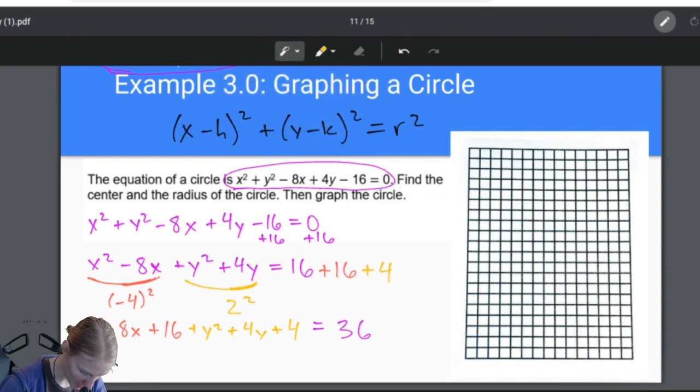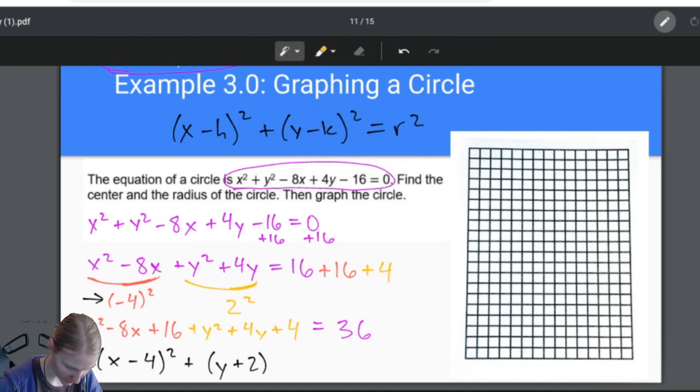So now, this is (x minus 4) squared. We know that because of the negative 4 right there. Plus (y plus 2) squared. All I'm doing is taking these, and that's how I'm creating what's in the parentheses right there. Equals, and remember 36 is 6 squared.